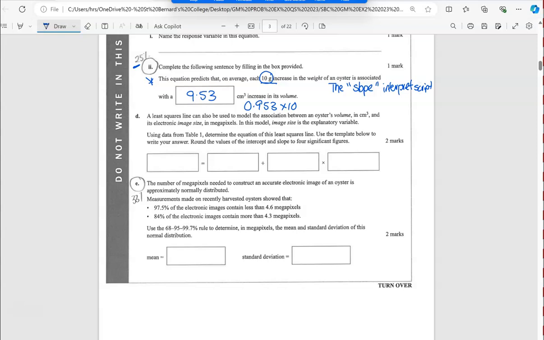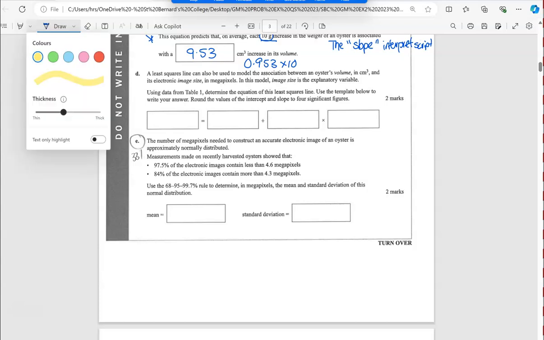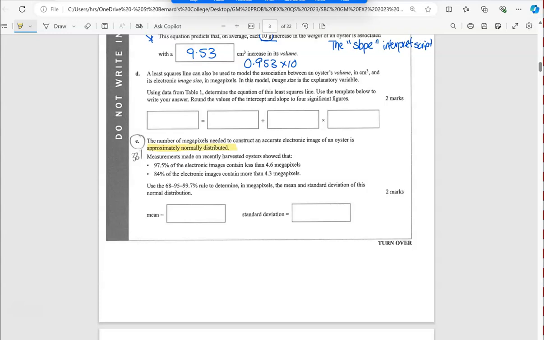All right, now down here we've got this one, and it says the number of megapixels needed to construct an accurate image of an oyster is normally approximately symmetric. So as soon as you see this, you know you're using that bell shape. As soon as I see that word, I just pop it in.